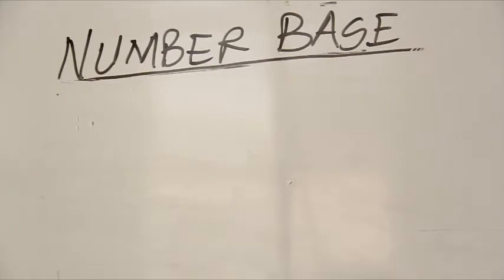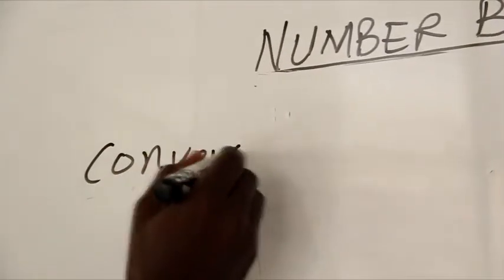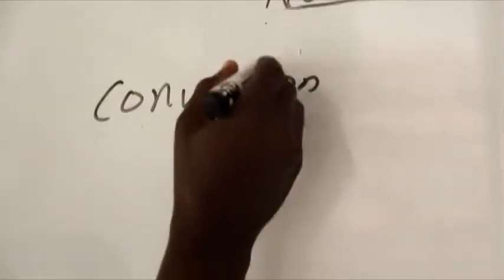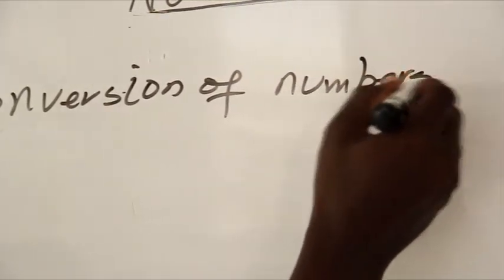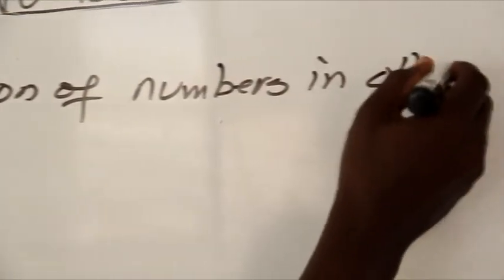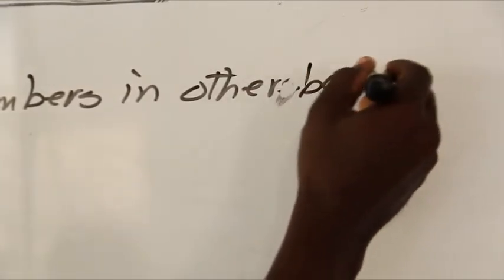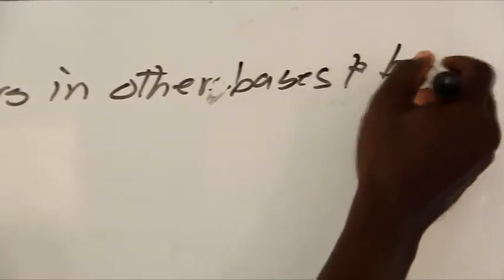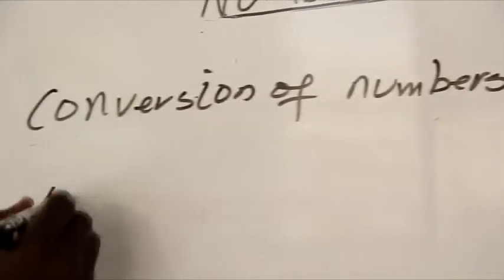Right, in our first activity today, we want to learn how to convert numbers from other bases to base 10. That is, conversion of numbers in other bases to base 10. So let's take an example.